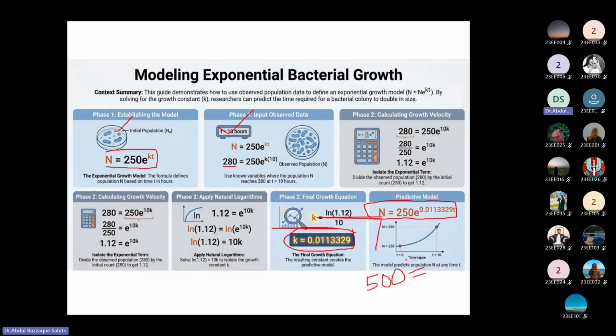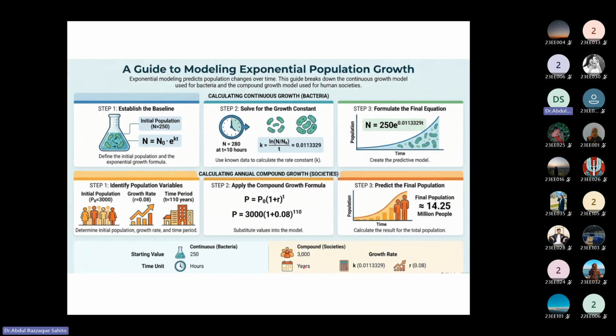If we find the value of t, it is approximately 61 hours. Is it okay?